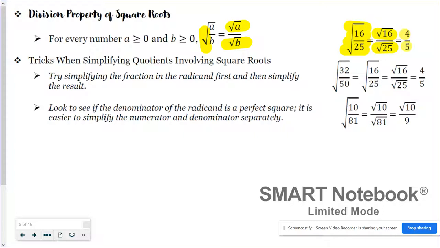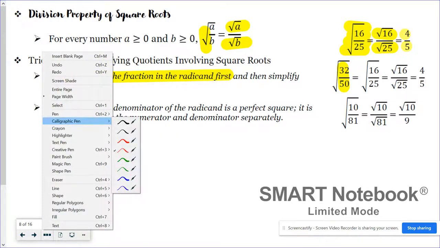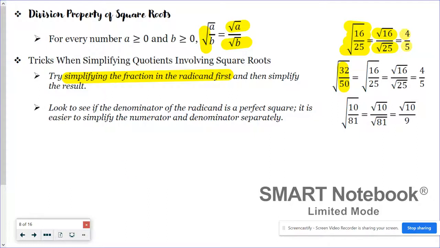One of the tricks is to try simplifying the fraction inside the radicand first. That's what we're doing here. So 32 over 50, not a perfect square, right? But they're both even. So if I go 32 divided by 2 and 50 divided by 2, that's all I'm doing. I'm doing nothing with the square root right now.